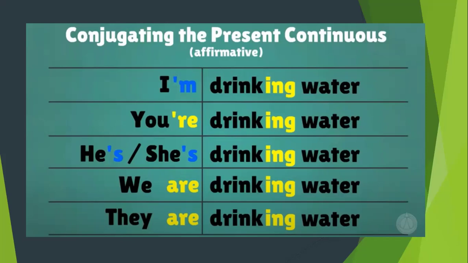So can you tell me a negative form in present progressive? Tell me these sentences in negative. You are not drinking water. Yes, you are not.